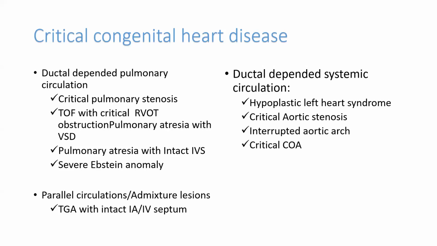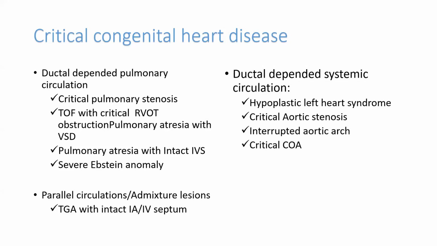It could be that there's a membrane there, or there's a muscular obstruction at the right ventricular outflow tract, such that there's no forward flow from the right ventricle into the pulmonary artery. And therefore, survival of these babies is dependent on the ductus supplying the pulmonary arteries.